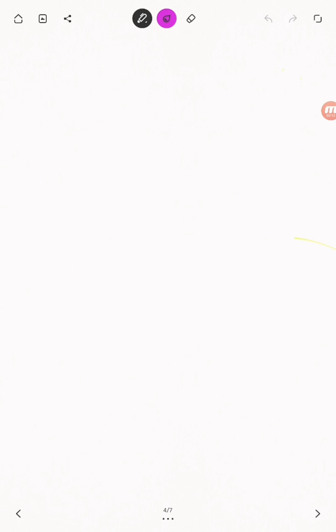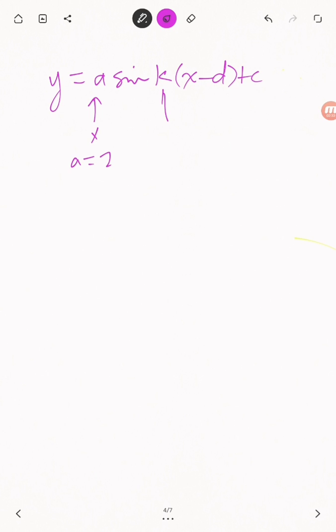The second way that I can represent the function would be as a sine function. So my general equation for that is as follows. Does the amplitude change? No, the amplitude is still 2. Does the k value change?